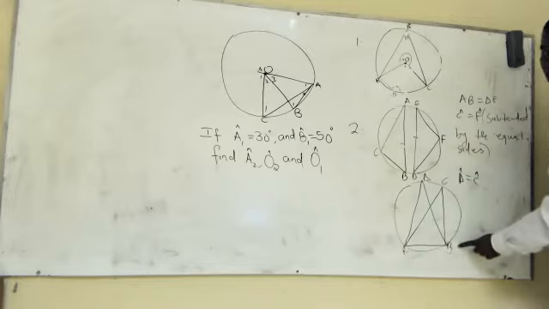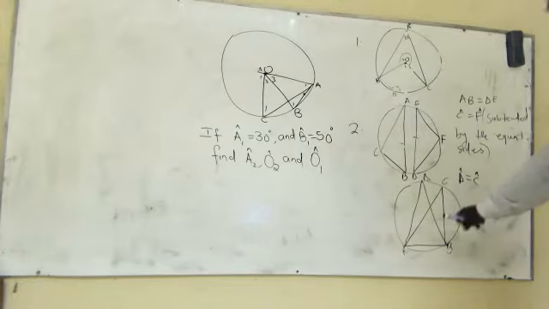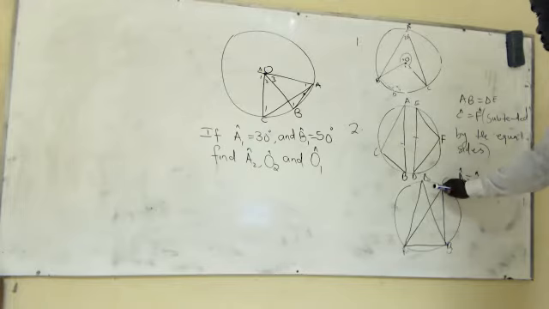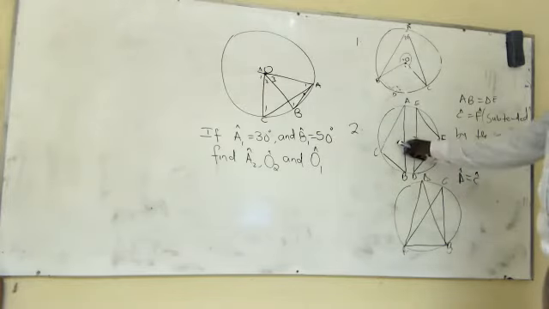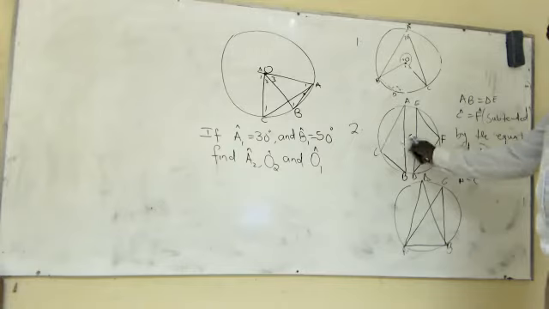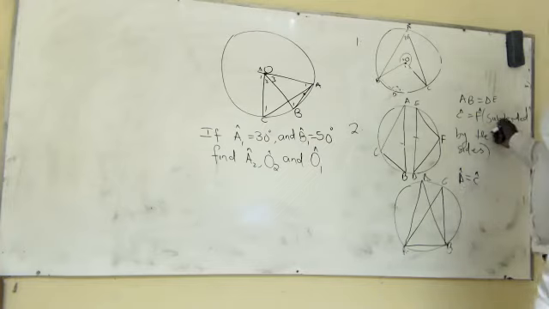It's AB. The opposite side to angle C is AB. Yes, exactly. So that's why D is equal to C. We are using this theorem that if we're having two equal sides, the opposite angles must be equal. So it's the same here, it's the same theorem.